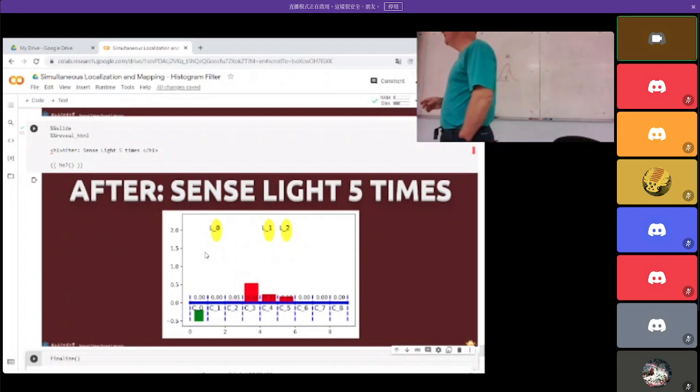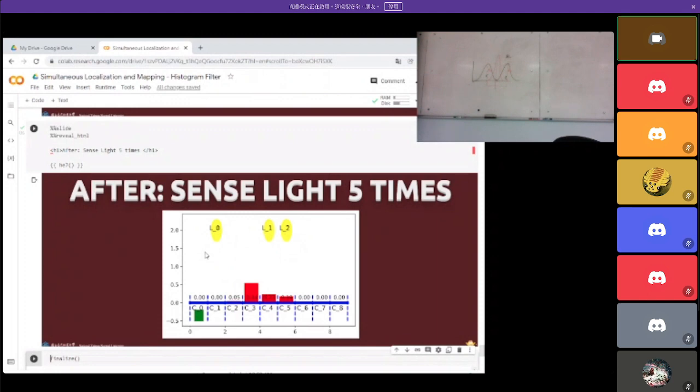The problem is we need to discretize this probability distribution here, right? Which means that if my environment is large, then this will be a very big array here, right? If I have 10 cells or 100 cells, this is not a problem.